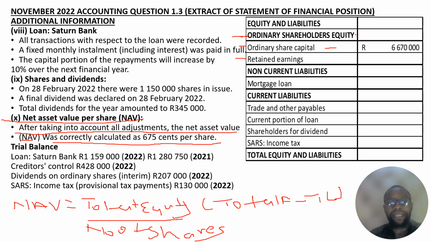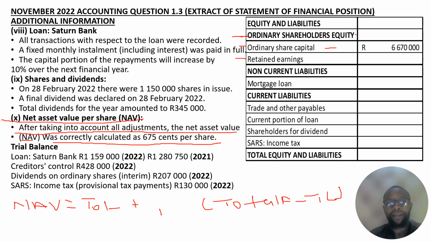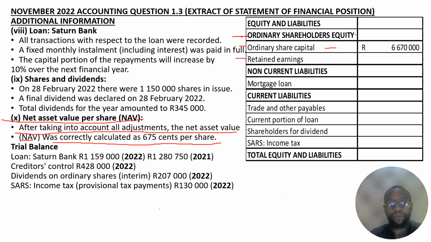So this one needs an understanding of the accounting basics. What are the accounting basics I am talking about? You need to know this. Assets are equal to owner's equity plus liabilities. This is the basic accounting.